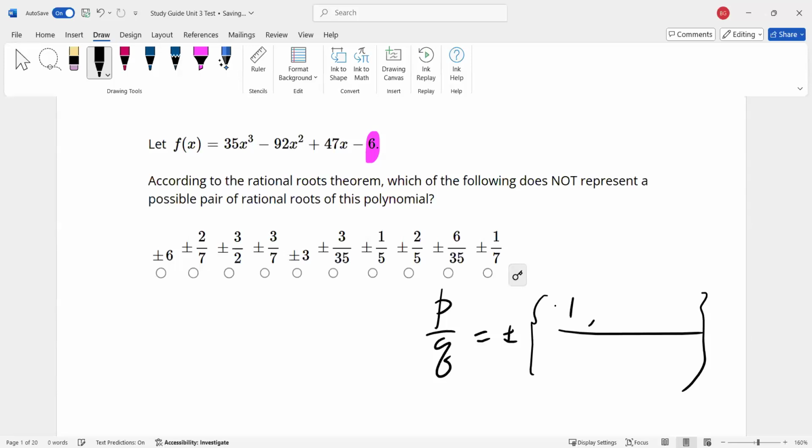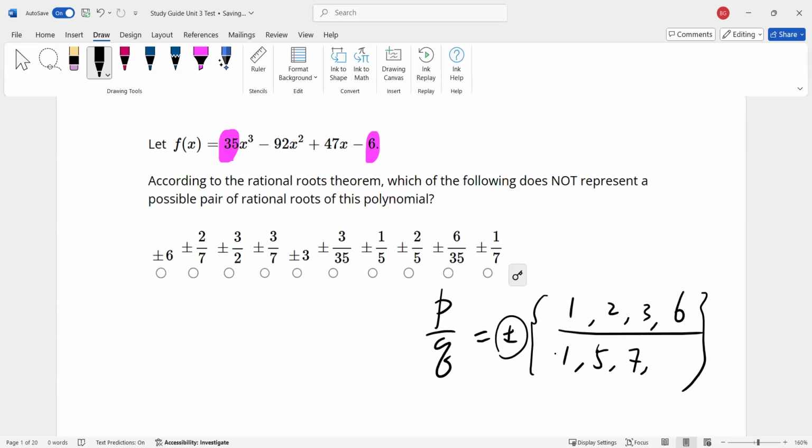So 1 is a factor, 2 is a factor, 3 is a factor, 6 is a factor. Do not consider sign because we already have the sign taken care of in front of the braces. The denominator is going to be the factors of the leading coefficient, 35. 1 is a factor, 2 is not, 3 is not, 4 is not, 5 yes, 6 is not, 7 yes.